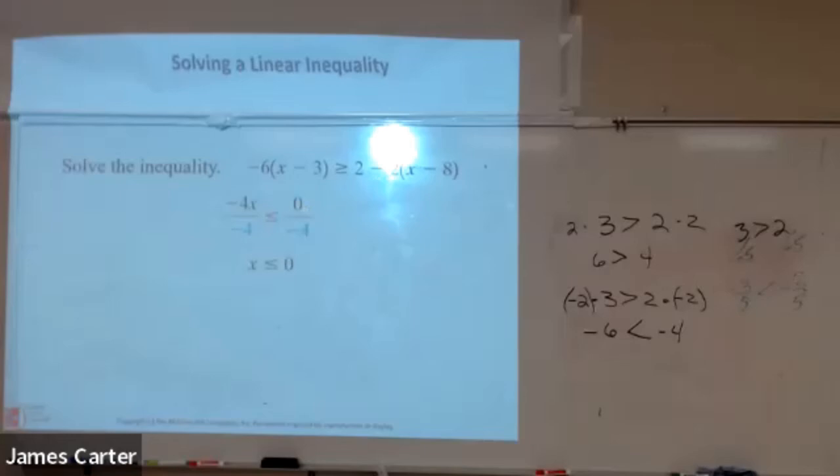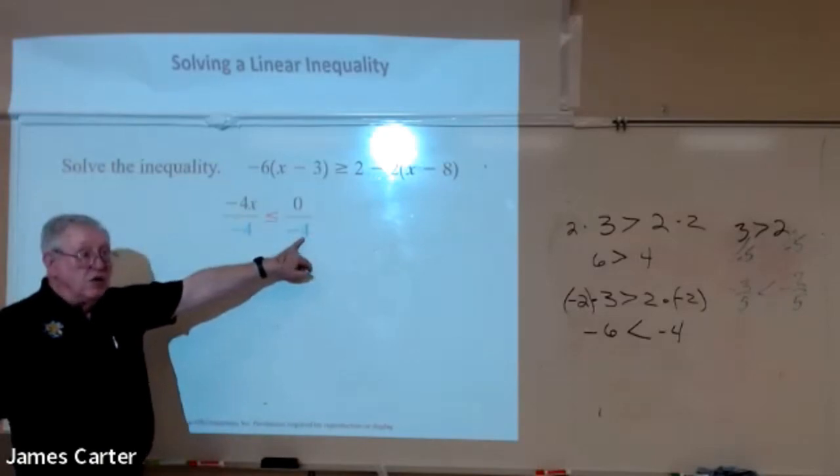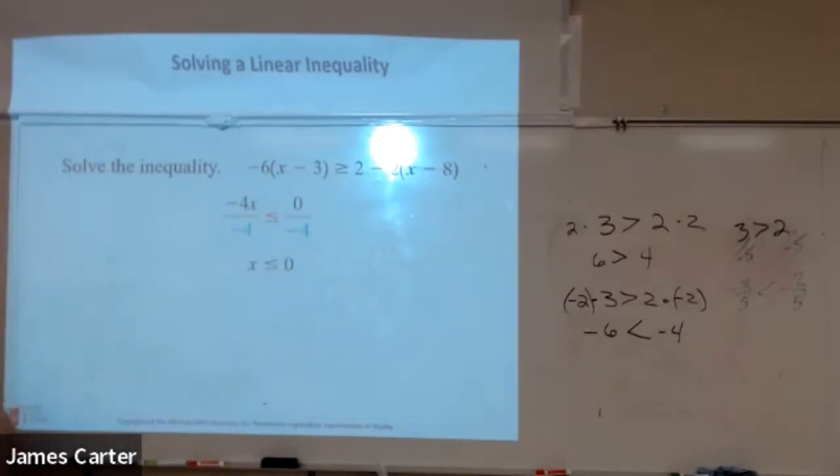0 over anything is just 0. Something over 0 is undefined. Remember that from the other night? Okay, so here is my solution. Now let's look at my graph. Well, this is inclusive, so that means 0 is included in that.